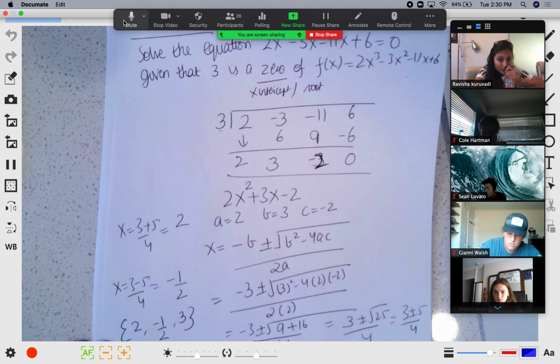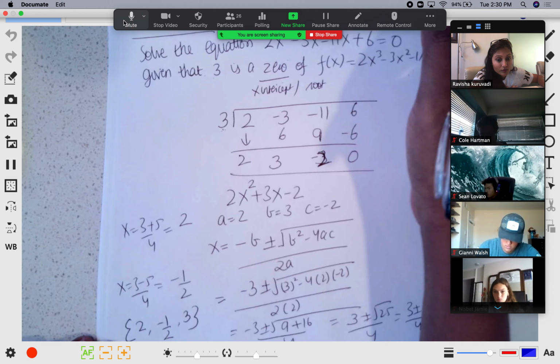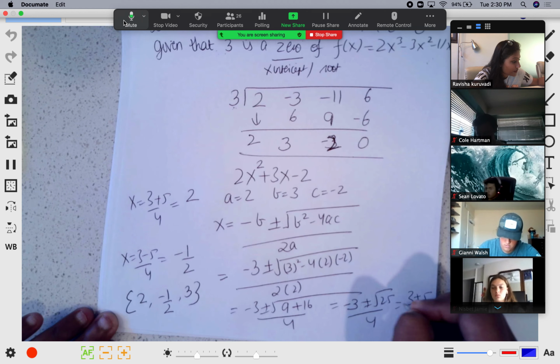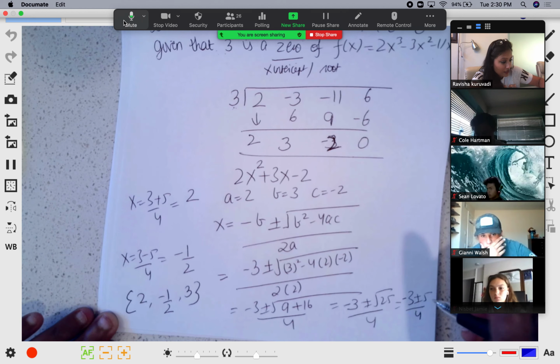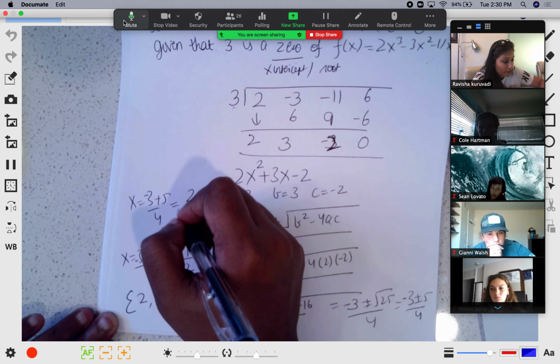Wouldn't you need to carry the -3? Because towards the bottom where it's -3 plus or minus 9 plus 16, you forgot to add the negative to the 3 on the next step. Yes, wait. Then yeah, you're correct. So it becomes -3 plus 5 over 4, so it becomes 2 over 4, which is 1 over 2.